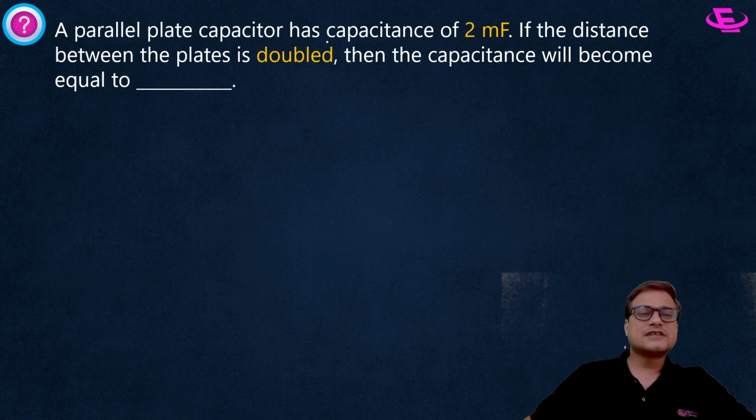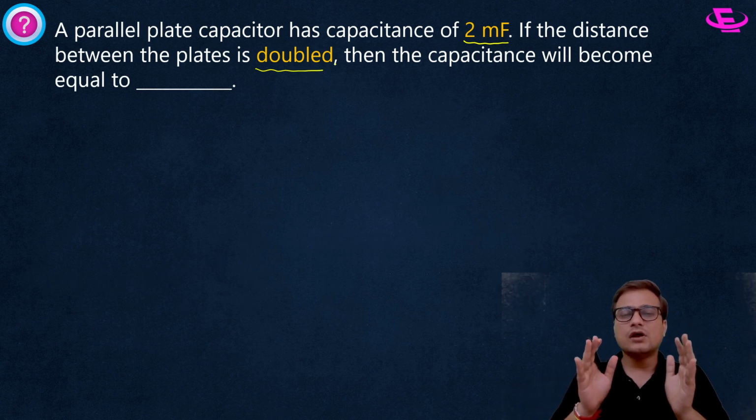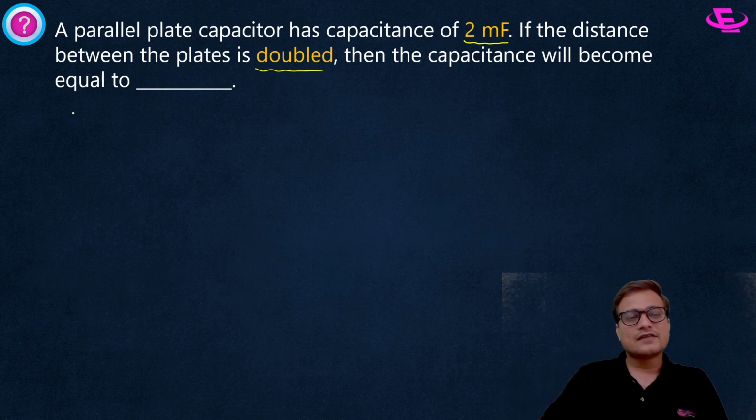Next one, the second question. It is given that a parallel plate capacitor has a capacitance of 2 millifarad. If the distance between plates is doubled, then the capacitance will become equal to. Initially given that C equal to 2 millifarad.